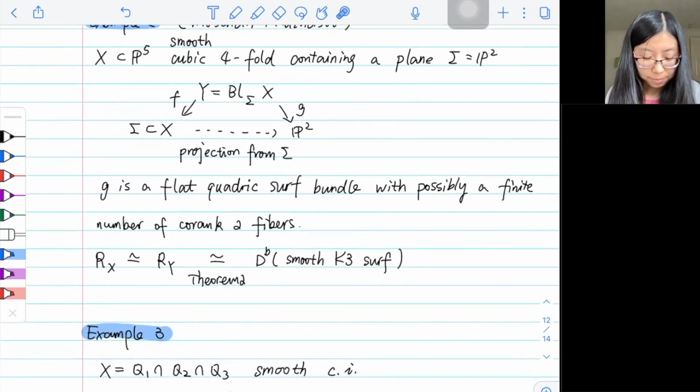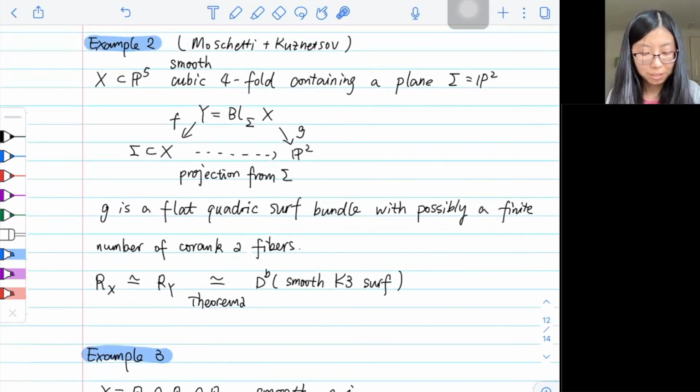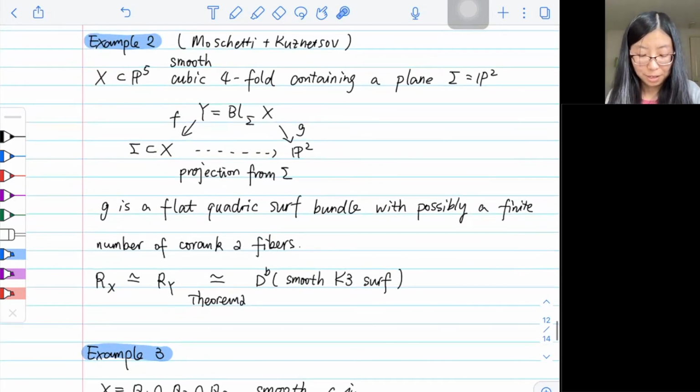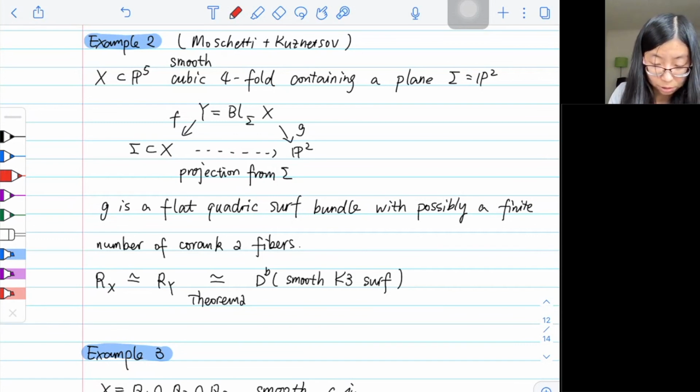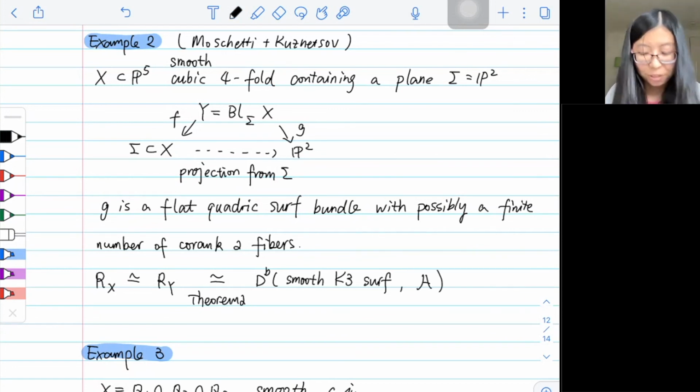By the blow-up formula for derived categories and by some mutations, we know that the Kuznetsov component of the cubic fourfold is equivalent to the residual category of Y. And then again, theorem 2 tells you that it's equivalent to, I forgot to put the Brauer twist here, a twisted derived category over the resolution of a double cover, and in this case, it's a smooth K3 surface.